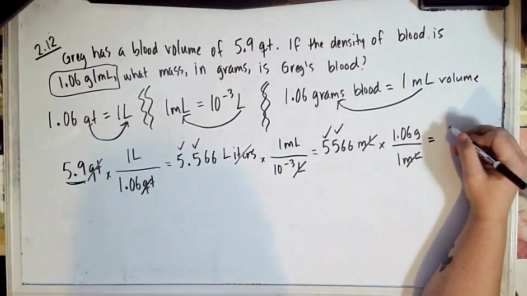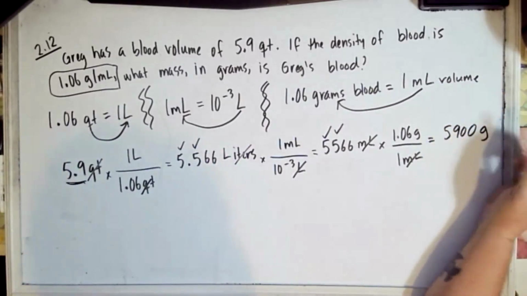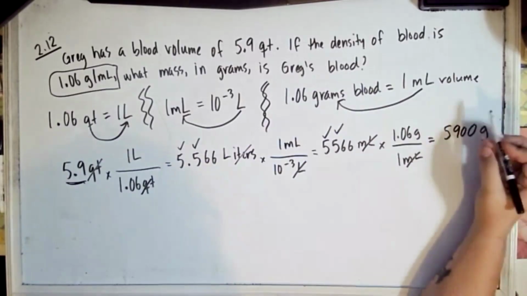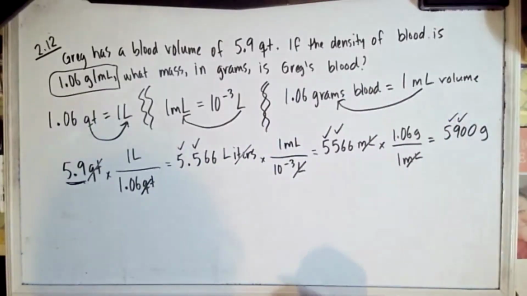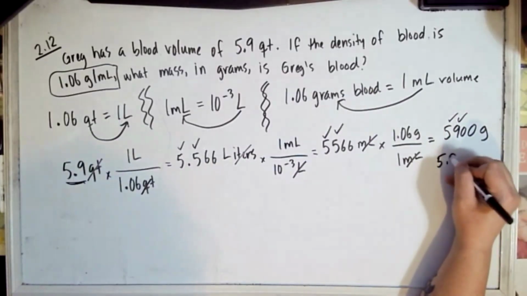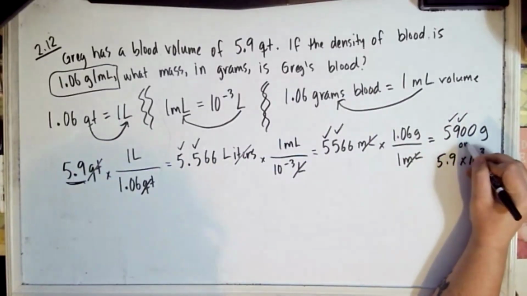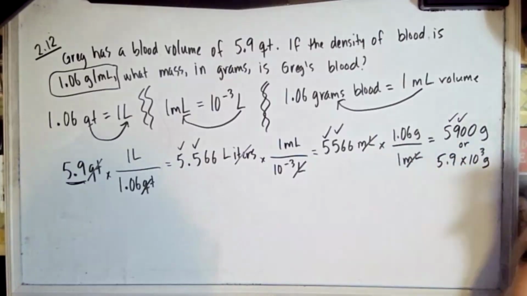So over here, when we get 5,900 back out, it works out nicely that happened because we need to keep 2 significant figures. So we can write it out as 5,900, or we can write it out as 5.9 times 10 to the 3 grams. Either of these answers would be perfectly fine.